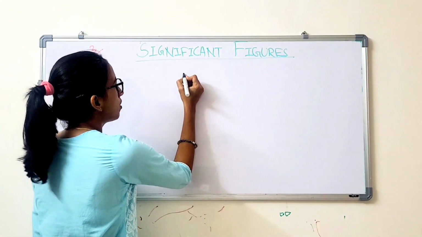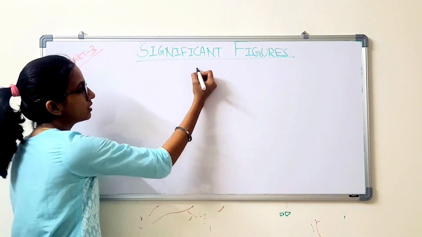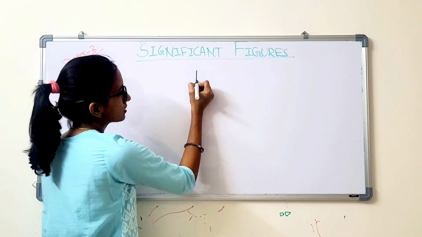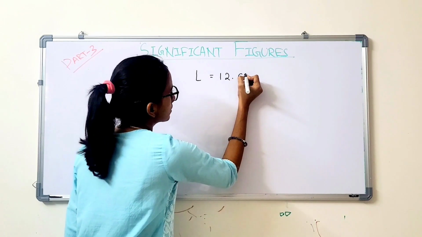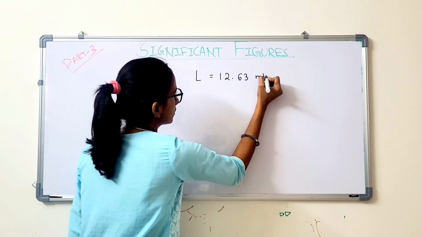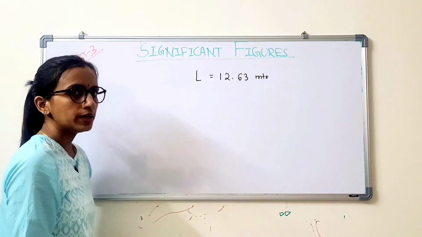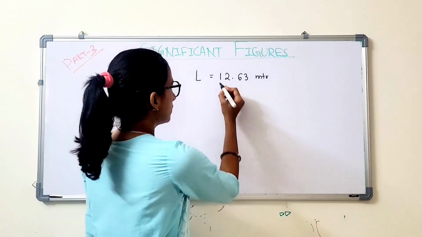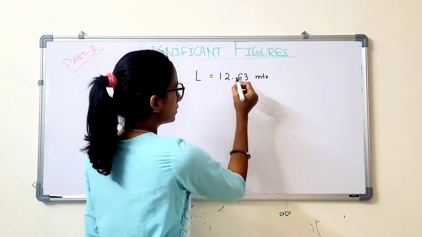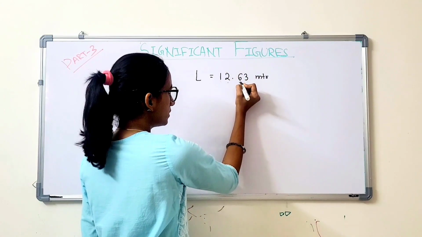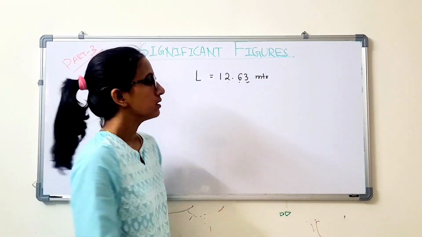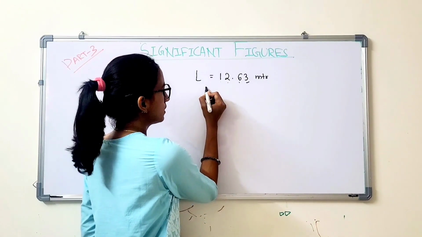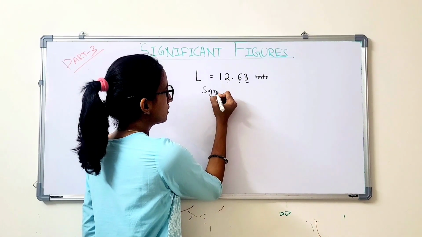Suppose you got a measurement that the length of a rod is 12.63 meter. So how many significant figures are there? 1, 2, 3. These are reliable digits, and this is the first doubtful digit.